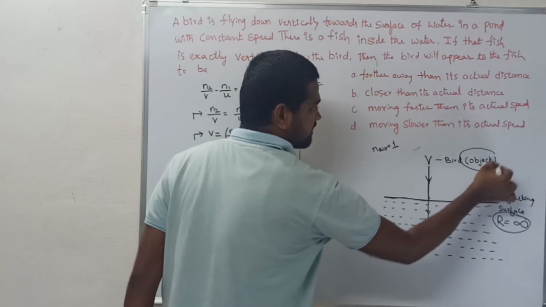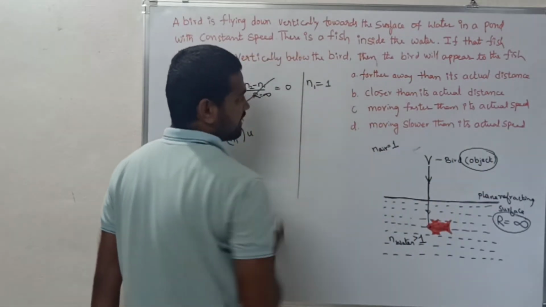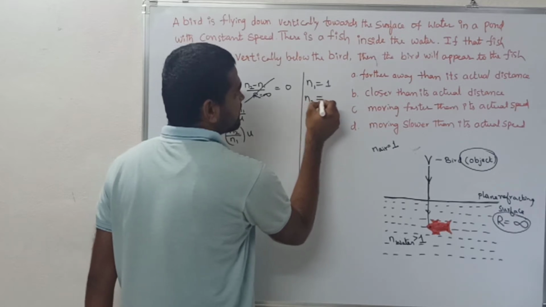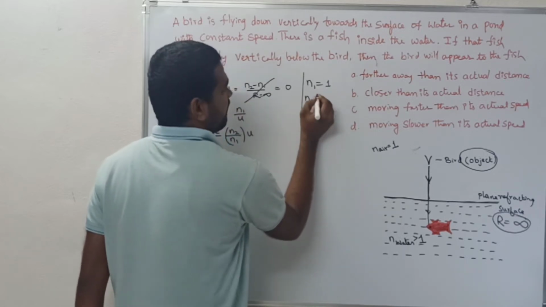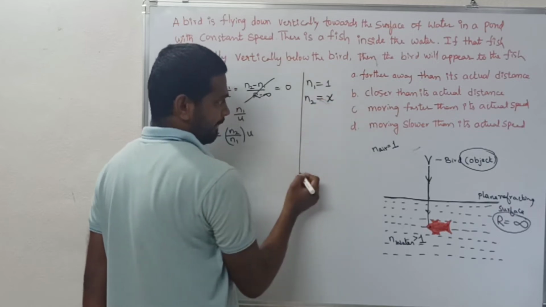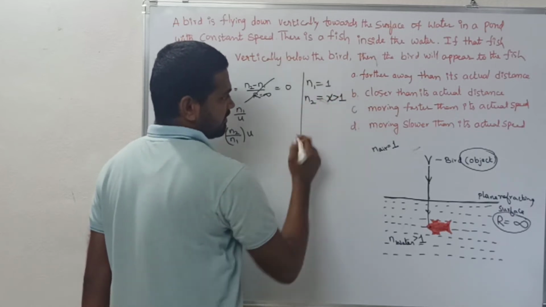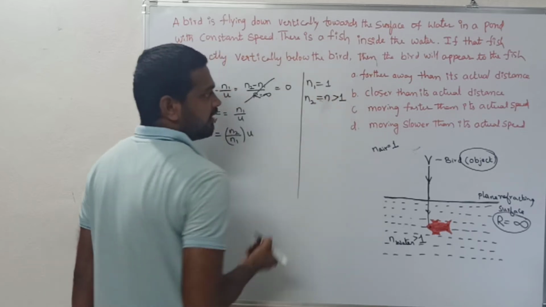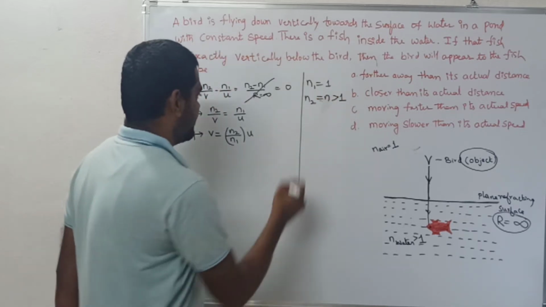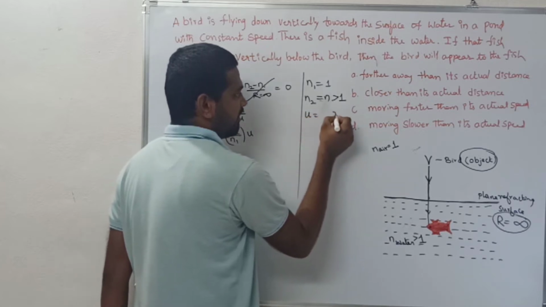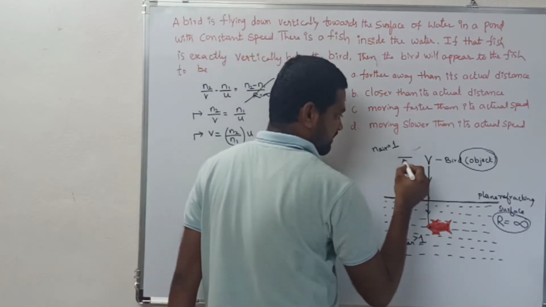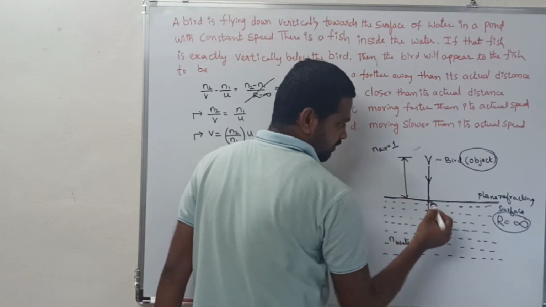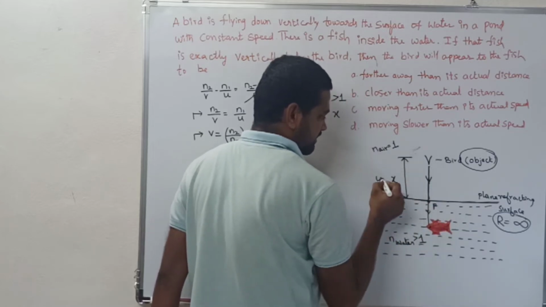Since the object is placed in air, N1 is equal to 1, and N2 we consider as more than 1, let us say N. The object distance U I will consider as X, the distance from the pole to the object.